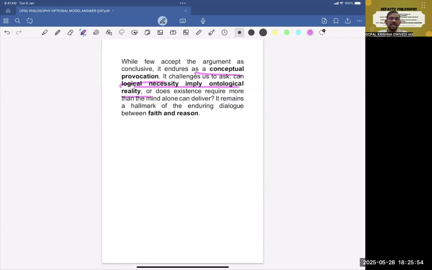Similarly here: can logical necessity imply ontological reality? Ontology means metaphysical, I mean existence. Epistemology is related to knowledge. So, can logical necessity imply ontological reality, or does existence require more than the mind alone can deliver? It remains a hallmark of enduring dialogue between faith and reason. So this is the conclusion.